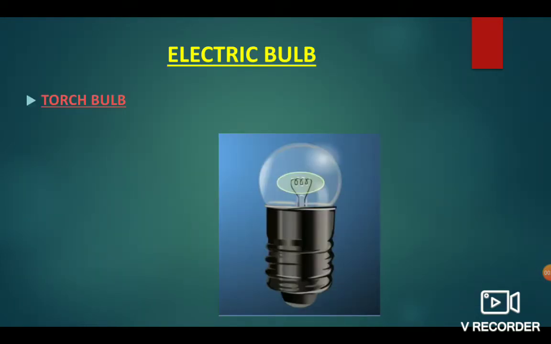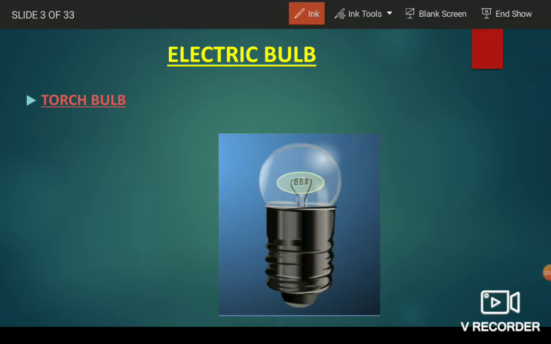Let us first discuss the torch bulb. As you can see, it has an outer glass cover which is mounted on a metal cap-like structure.